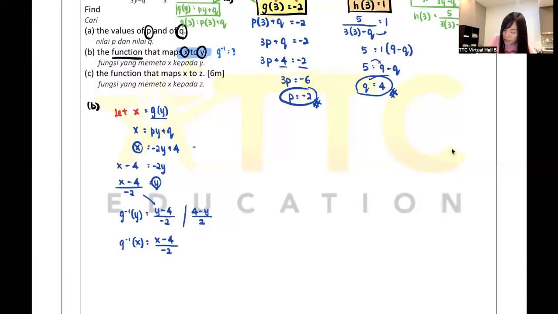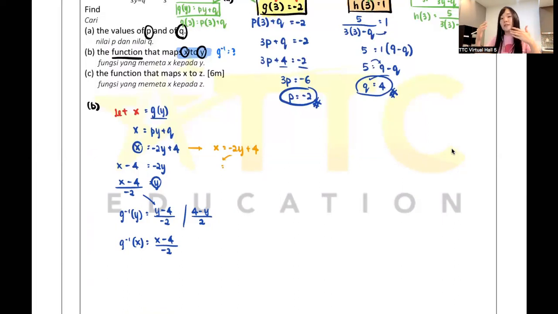It's because when I just now move here, I show you in another pen. When I just now move here, x equals -2y plus 4, I decided to move the 4 over. Some students will move the y over, because it's the way we move. No one ever said single y must be on the right side. Maybe single y can be on the left side, right? So depends on how you move it, but all is acceptable because everyone is correct.